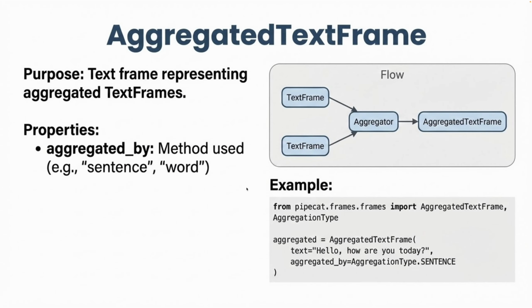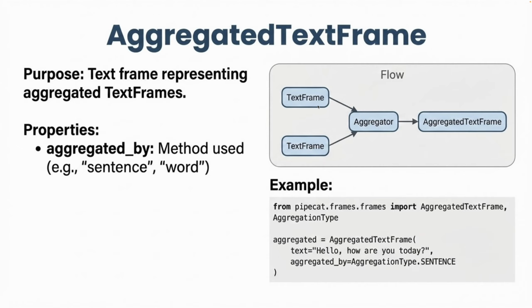Next we have aggregated text frame. So aggregated text frame is mainly used by aggregators. Generally, when the user is speaking, we don't want everything to be sent to the LLM directly.